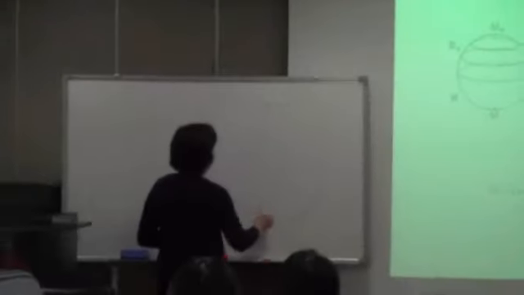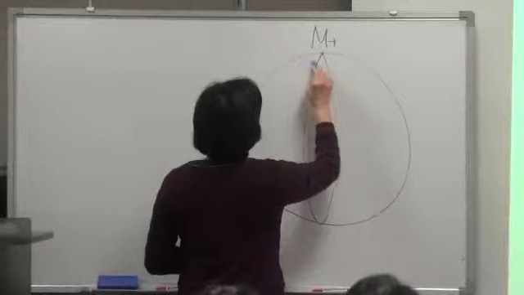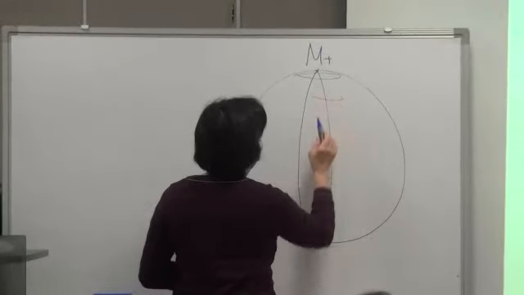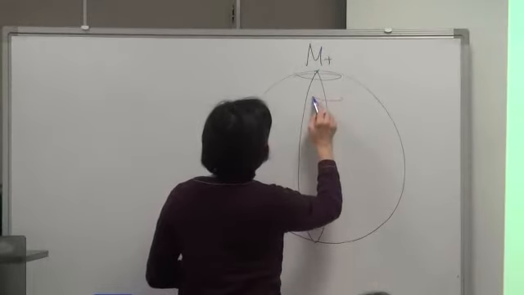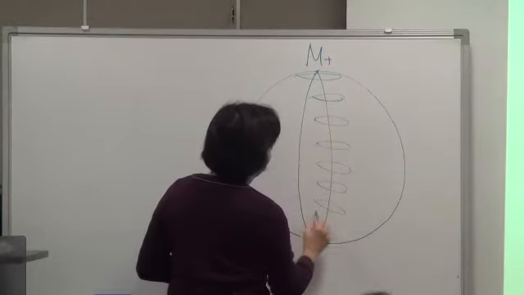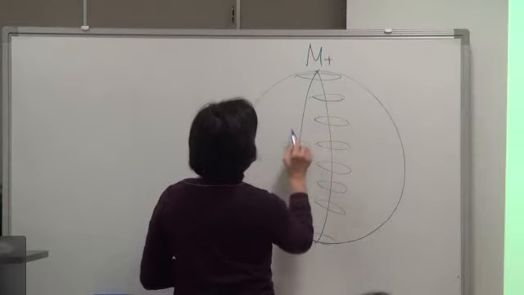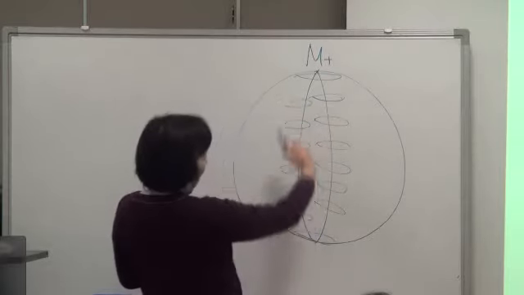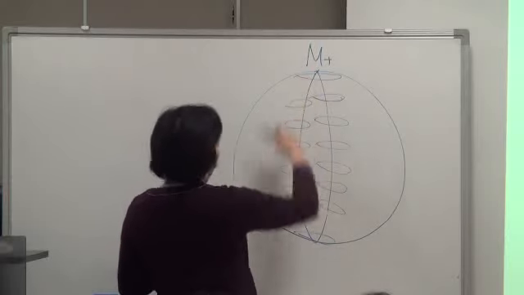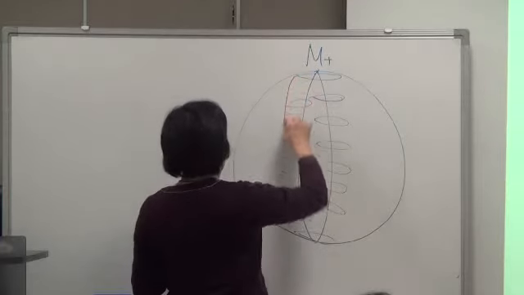Here is M plus, and at each point there exists a wave which develops in this way. Then this family of spheres has an envelope, another sphere, here.